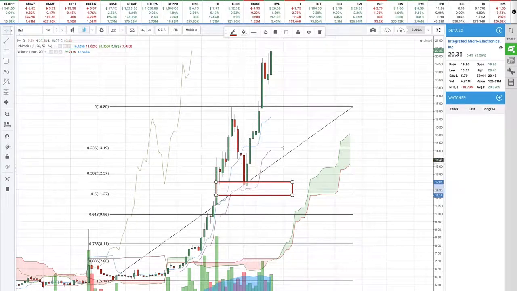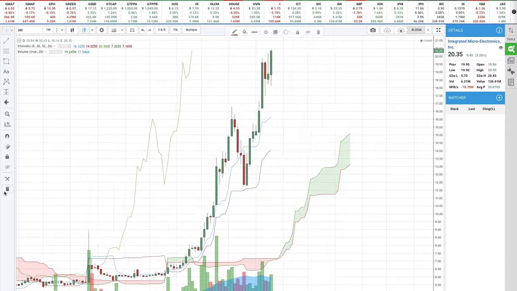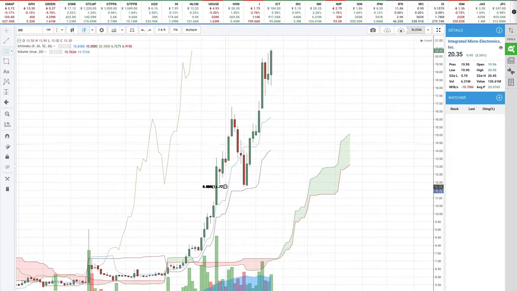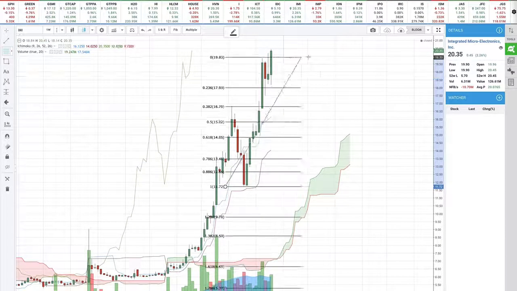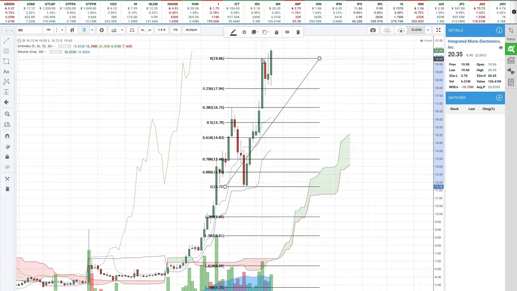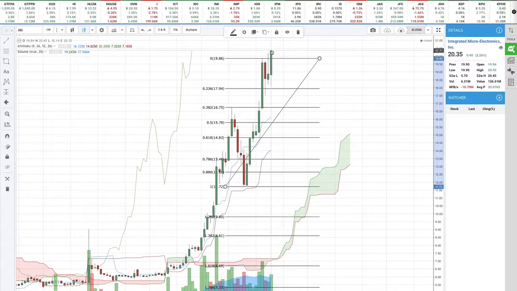Itong trigger na to. Ngayon, for current, assume lang natin, ito yung low. Assume natin na itong high. Itong gagamitin nating high kasi tapos na to. But you can't use this as your high because hindi mo pa alam kung wala pa siyang red candlestick na kasunod. So, ito muna ang high mo.